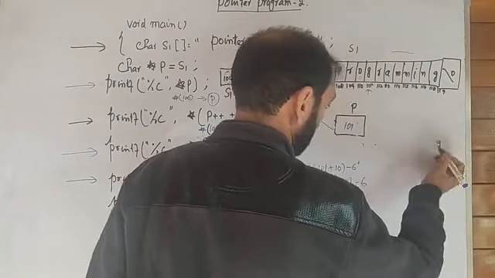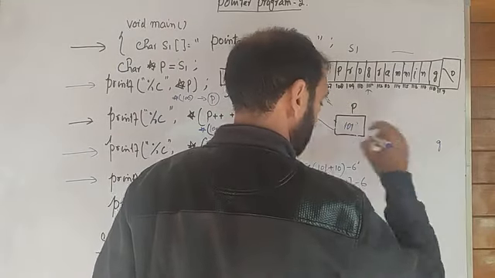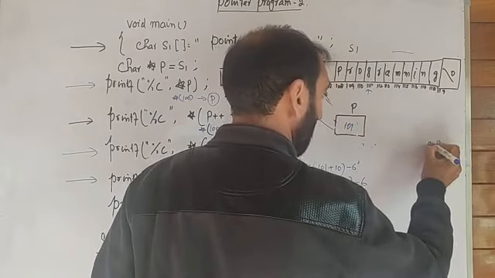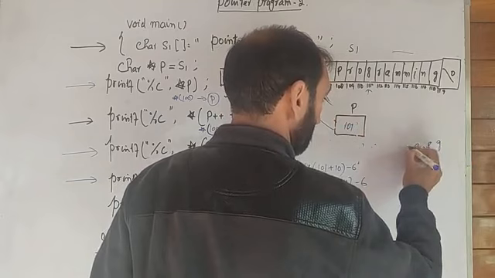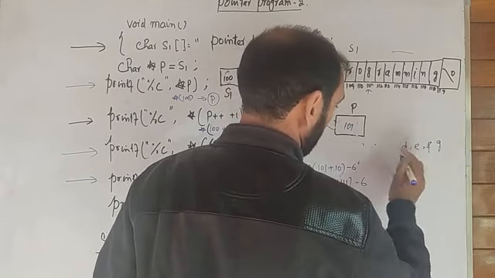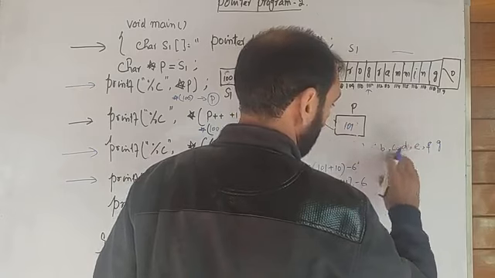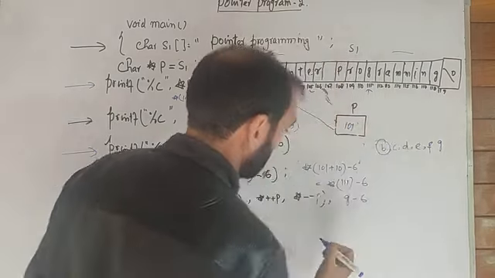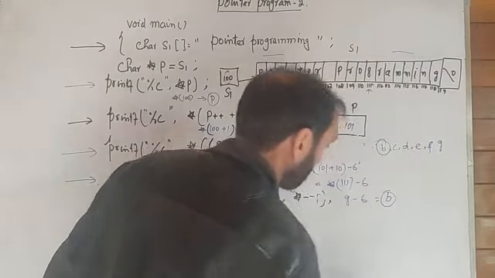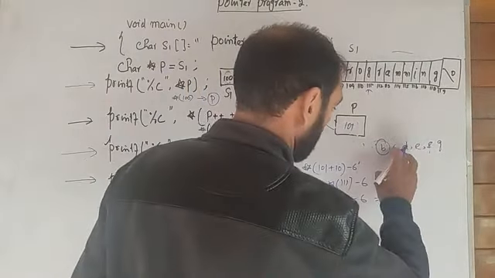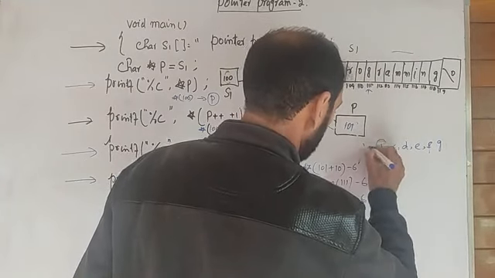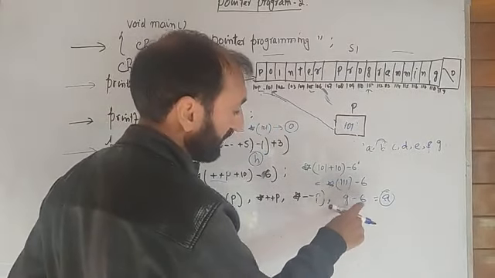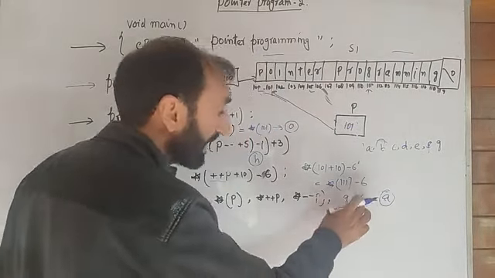It will return A, because by subtracting 6 from G, that means the ASCII value of G gets subtracted by 6.